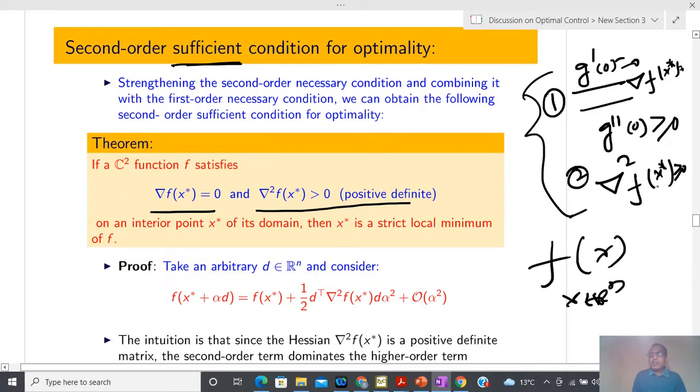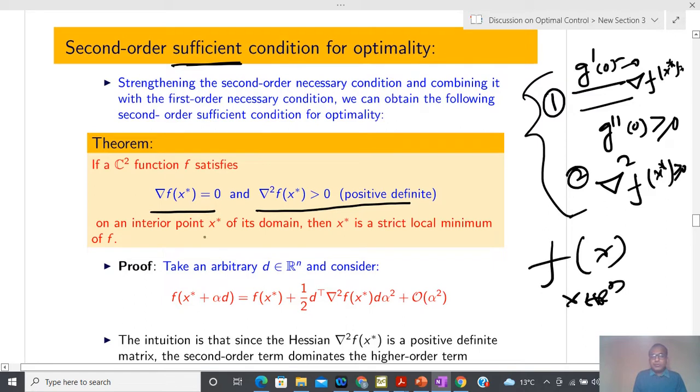Previously, for the second order necessary condition, I assumed greater than or equal to 0. Here you can see that I have considered that the Hessian matrix of f is positive definite at an interior point x star of its domain. Then x star is a strict local minimum of f.